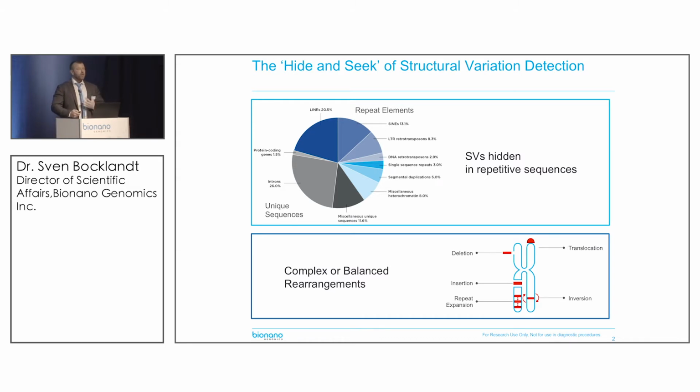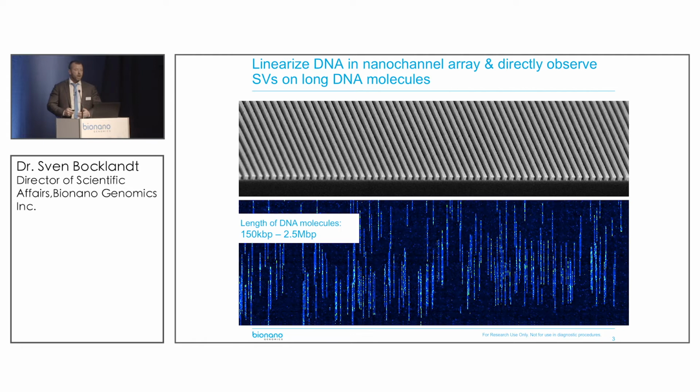So Bionano looks at the genome in a very different way. We image megabase-sized molecules. The shortest that we typically use are 150 kb, and we go all the way up to 3 megabase pairs. And this is what our raw data looks like. Very long molecules. The average molecule length on our system is about 300 kb.